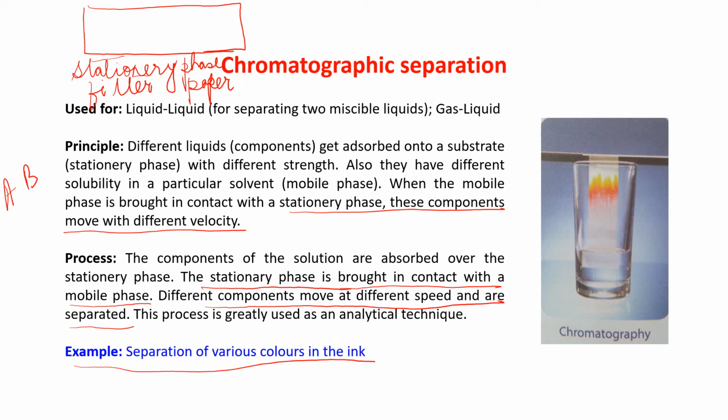So as we are having two components A and B, the filter paper will adsorb A and B. Adsorb means it is a surface phenomenon. The adsorption will be done in the surface only. The filter paper, that is a stationary phase, will adsorb A and B, but this adsorption will be in different strength. The adsorption of A and B by the filter paper will be in different manner.